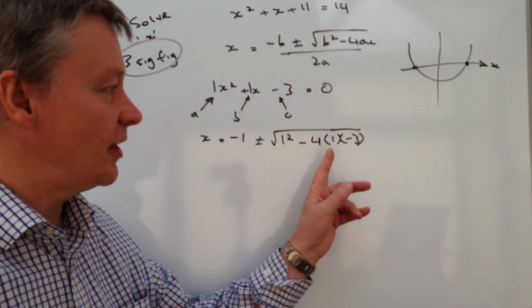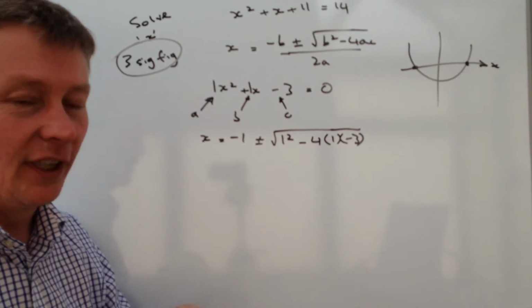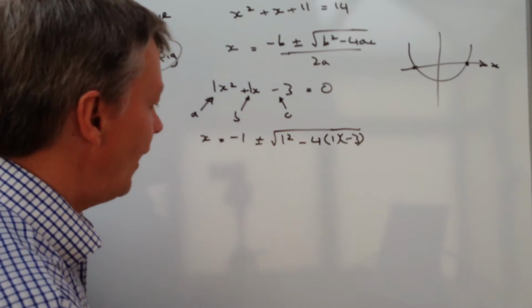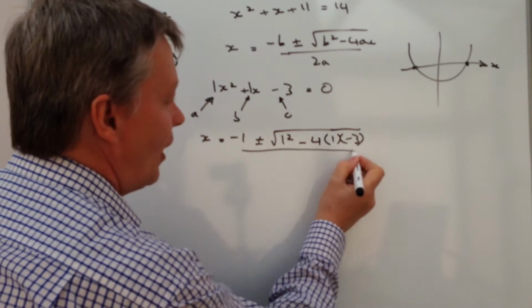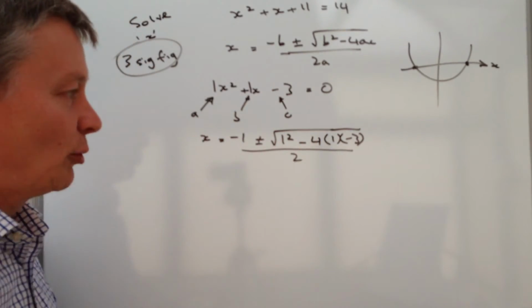Now I do suggest that you put these into brackets because it just makes things a little bit clearer, a little bit easier to deal with. You're going to divide this by 2 times a. Well, a is 1, so just divide it all by 2.